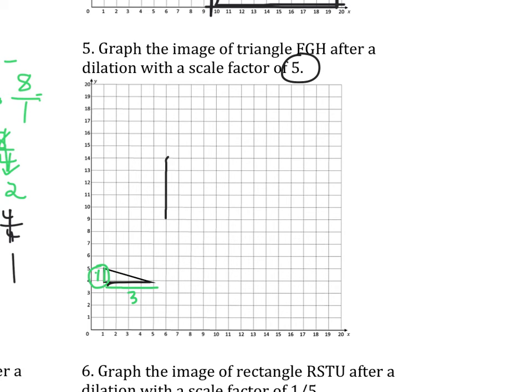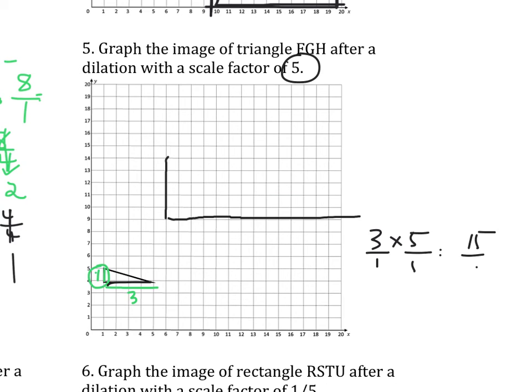And I have to increase this one by 5, and 3 times 5, or 3 over 1 times 5 over 1, is 15 over 1. So 15, so I'm going to go over 1, 2, 3, 4, 5, 6, 7, 8, 9, 10, 11, 12, 13, 14, 15. I'm over 1.